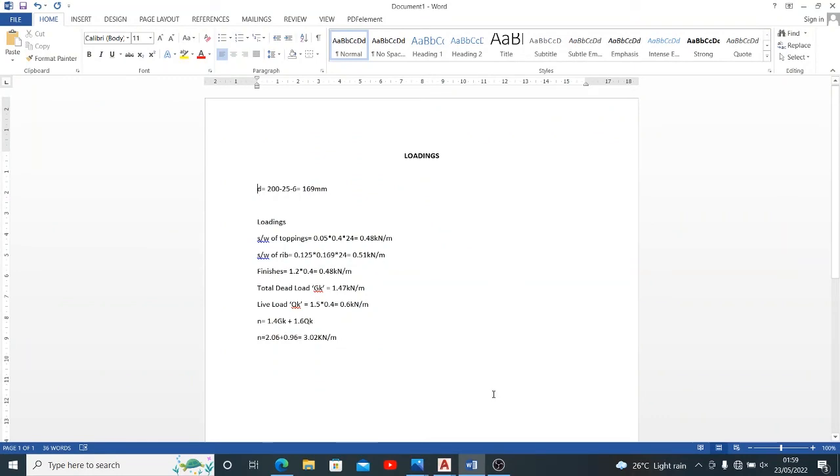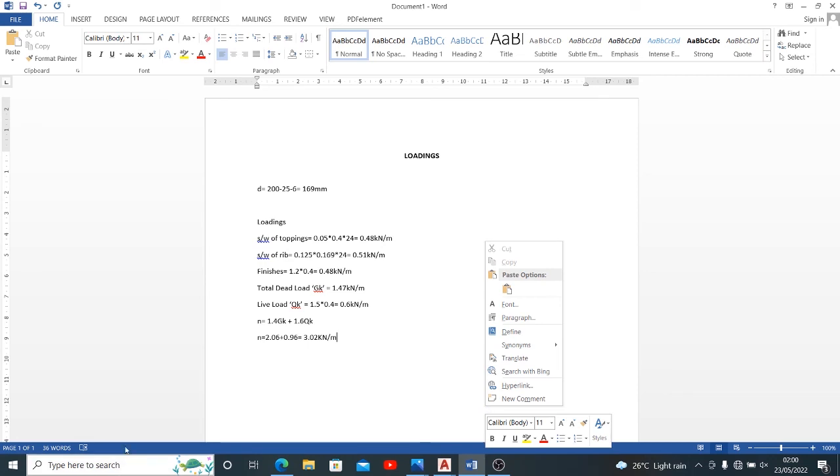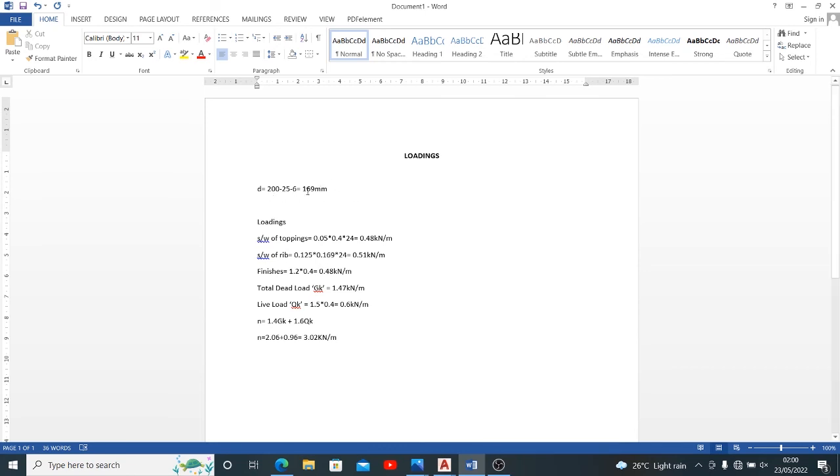The cover here shows that we have considered a cover of 25 mm, and we use a reinforcement diameter of 12 millimeters. So 12 divided by 2 gives us 6 millimeters, and the cover is 25 millimeters. When we subtract the cover and half of the diameter of the bottom reinforcement, we are left with 169 millimeters for the effective depth.